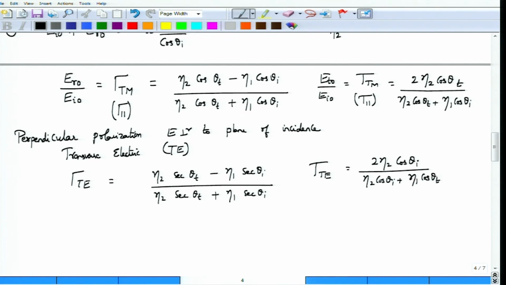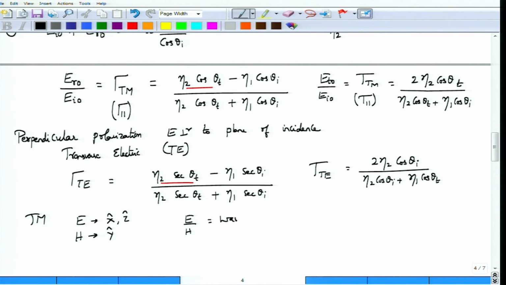So, you have these expressions for the reflection coefficient of the TE case. You can observe that for the TM case it is eta 2 cos theta t, okay, whereas for the TE case it is eta 2 secant theta t. The reason for these two is that for the case of TM, right, the electric field has both x as well as z components, whereas the magnetic field has only the y component, and the ratio of E to H must be the wave impedance, right.